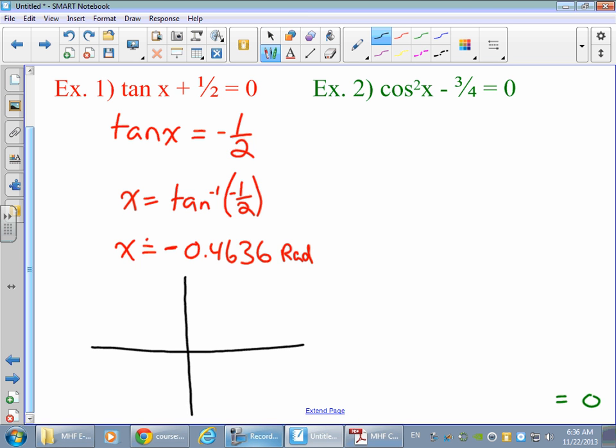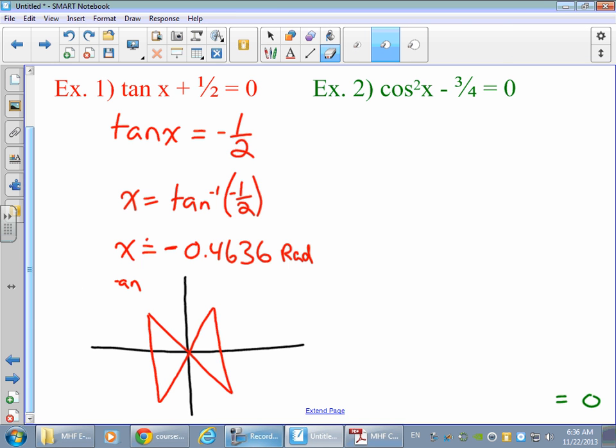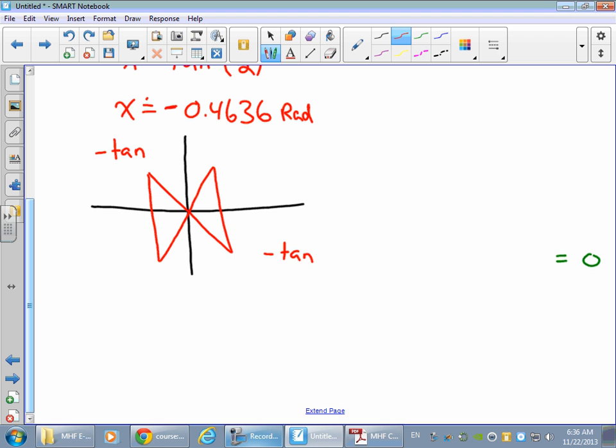And remembering that essentially I have 4 quadrants, 2 of which have a negative tan, 2 of which have positive tan. So I've got negative tan up here, again negative tan up here, and negative tan down here. This is telling me that in here, that's the size of my theta.